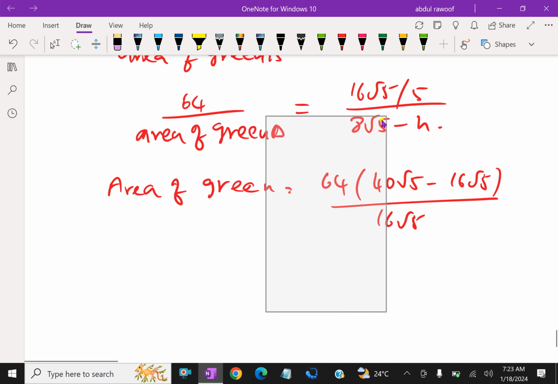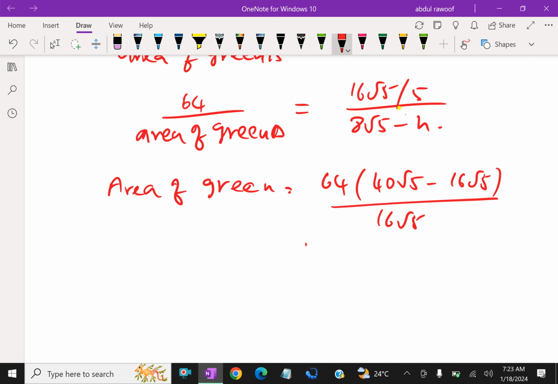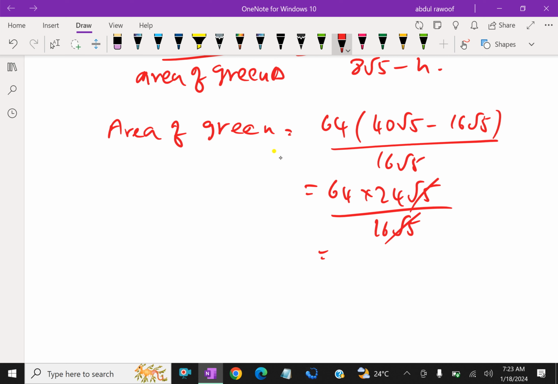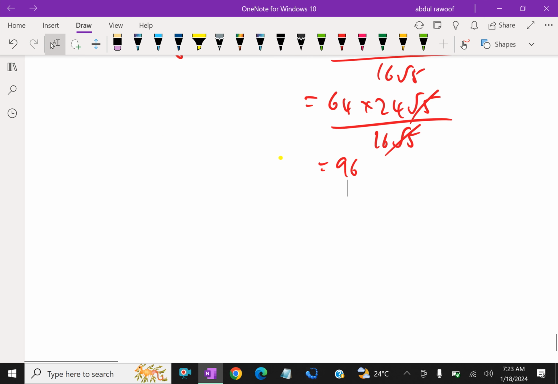Simplifying, we get 64 times 24 over 16 root 5, which equals 96. So the area of green equals 96.